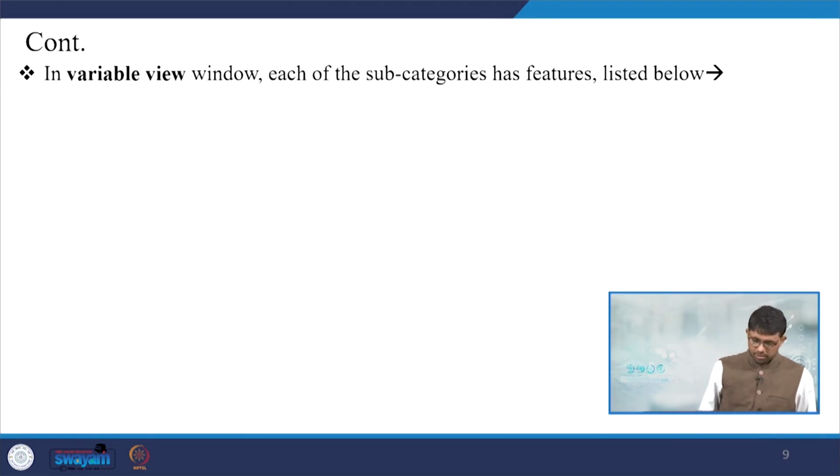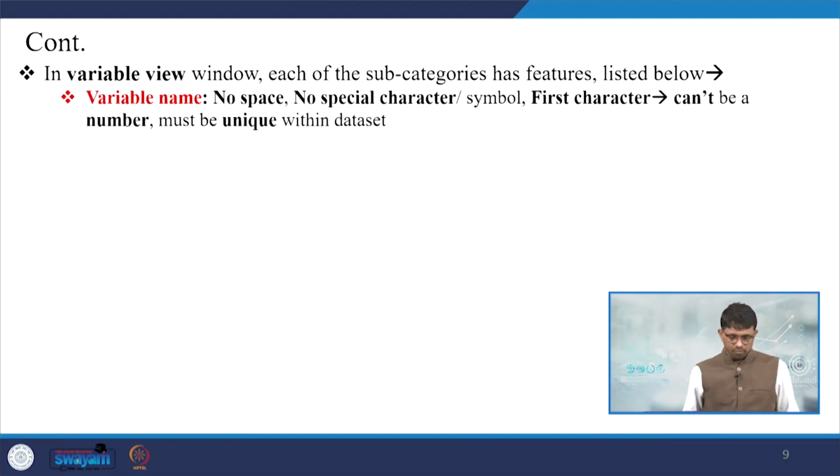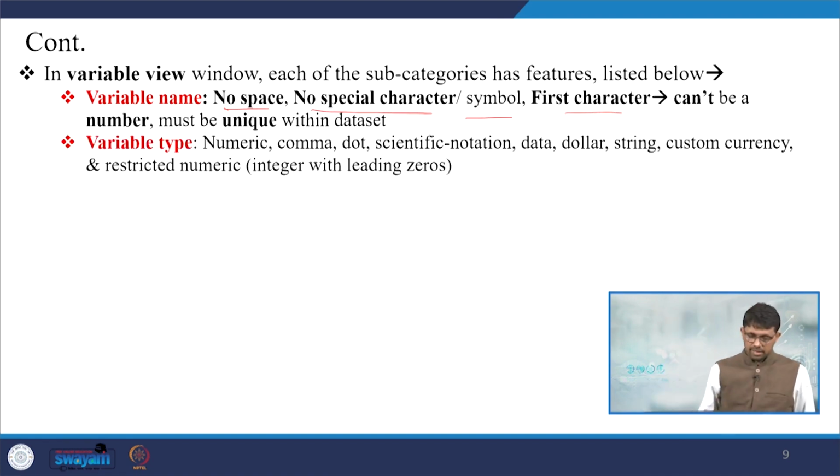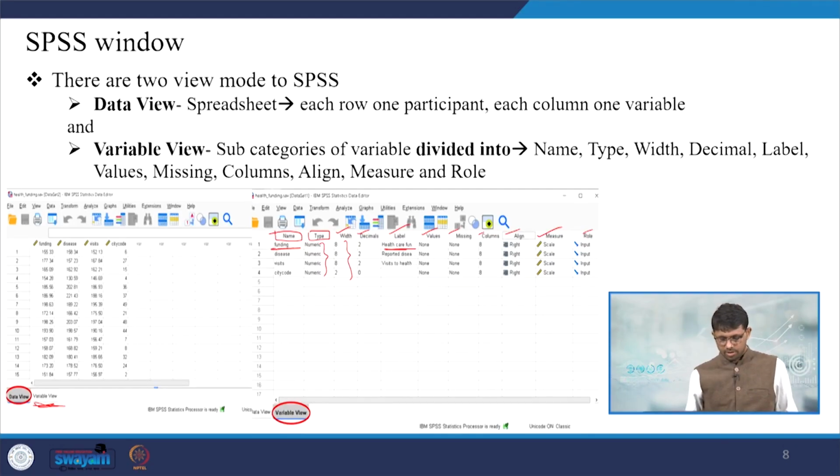In the variable view window, each subcategory has features, listed below. Variable name: no space should be given, no special character or symbol, the first character cannot be a number, and it must be unique within the data set. Hence, in the variable view you should not use a space, it has to be consecutive, and special characters etc. should not be written.